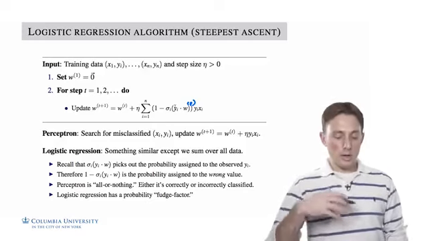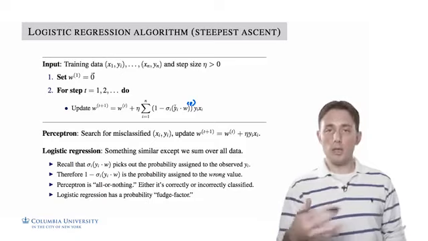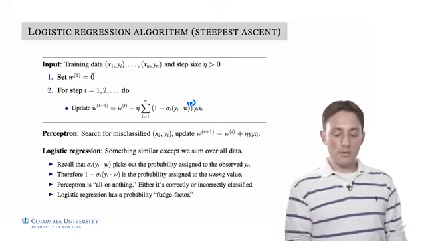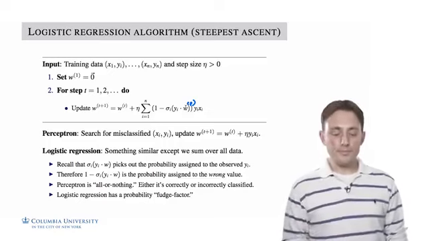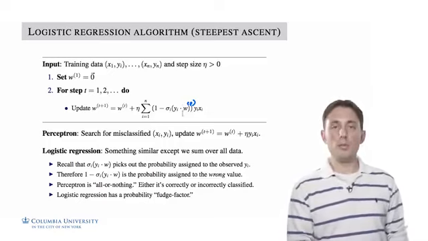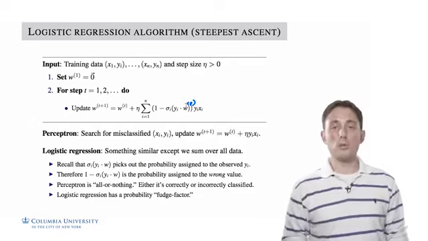So if our labeled instance is +1, but our model, given the current vector W, is very confident in predicting -1, then this is going to be very close to 0, in which case we'll have something very close to 1 here.